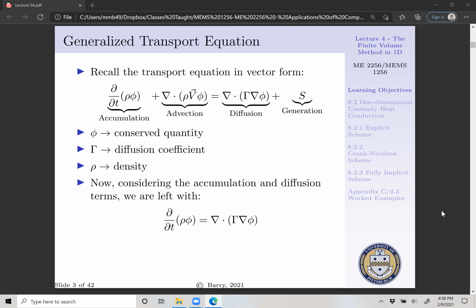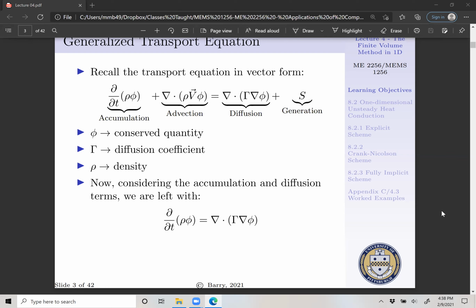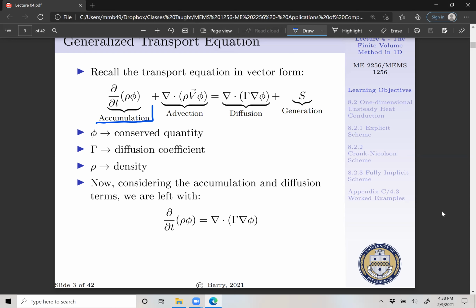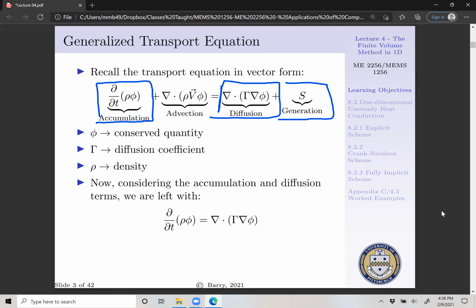So when we're talking about accumulation and diffusion, we're going to keep these two terms. And by the end of today, we're actually going to have all three terms considered. 75% of our general scalar transport equation will be covered, except this guy encompasses like 95% of the study of CFD. But that's neither here nor there.